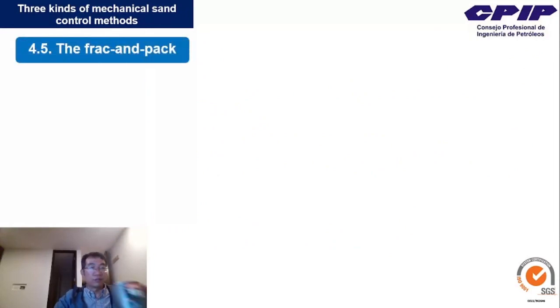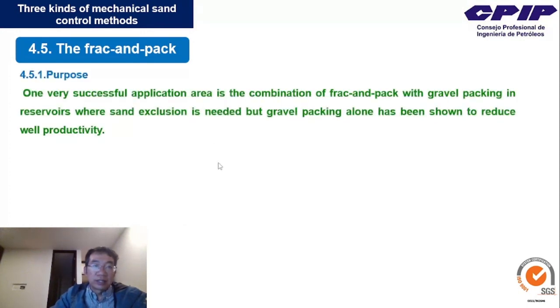Okay, 4.5. The frac and pack. Purpose. One very successful application area is the combination of the frac and pack with gravel packing in reservoirs where sand exclusion is needed, but gravel packing alone has been shown to reduce well productivity.